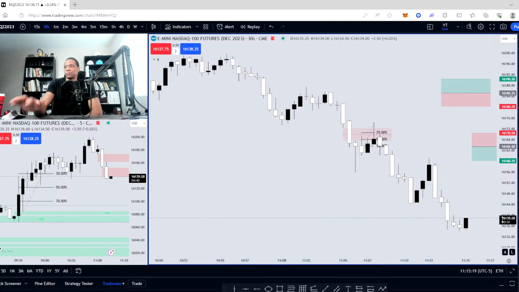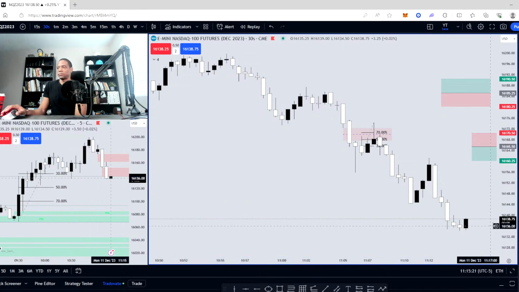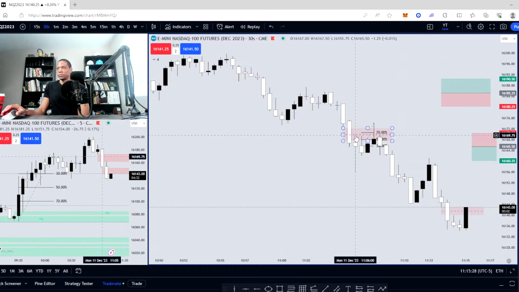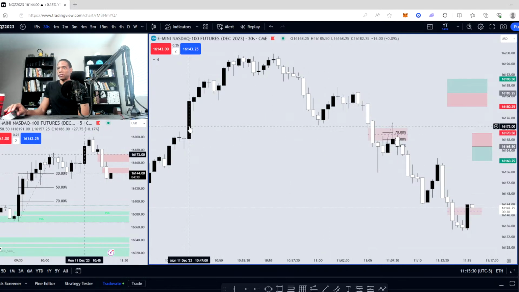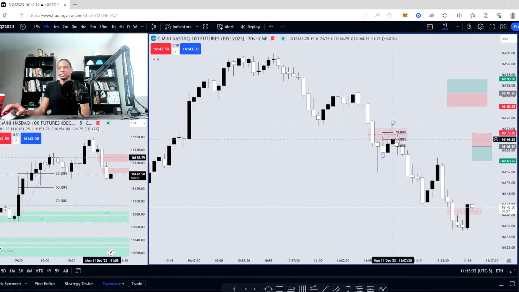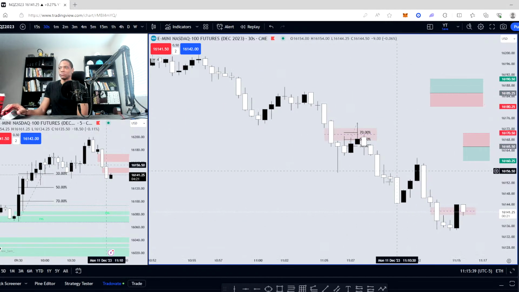Okay, we can get rid of this fair value gap. We've seen a bearish one form on the other side, similar to this one. There was a bullish fair value gap before in precisely the same area. On its way down, it crashed through the bullish fair value gap and created a bearish one.